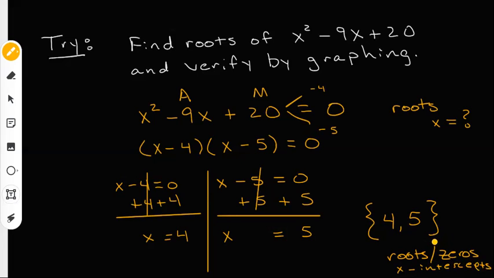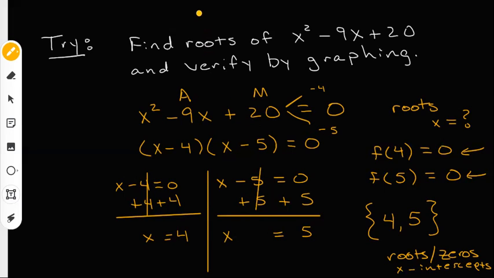Now, what this means is when I evaluate this function at 4, I'm going to get 0. Also, if I evaluate the function at 5, I'm also going to get 0. That's what roots mean. That's the input where the output is 0. So that's where the equation is going to cross the x-axis.